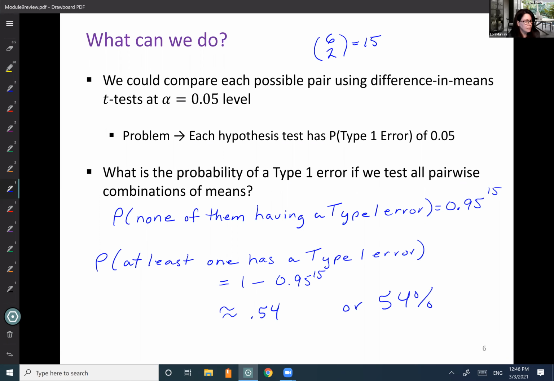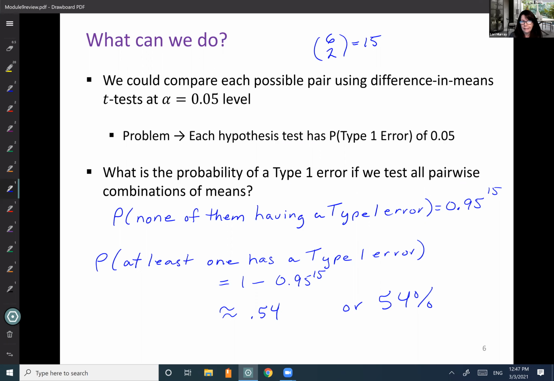So the probability is quite high if we were to run 15 t-tests to see if there are any statistically significant differences in the population means. And as the number of groups or continents increases, the probability of at least one type 1 error also increases beyond 54%.